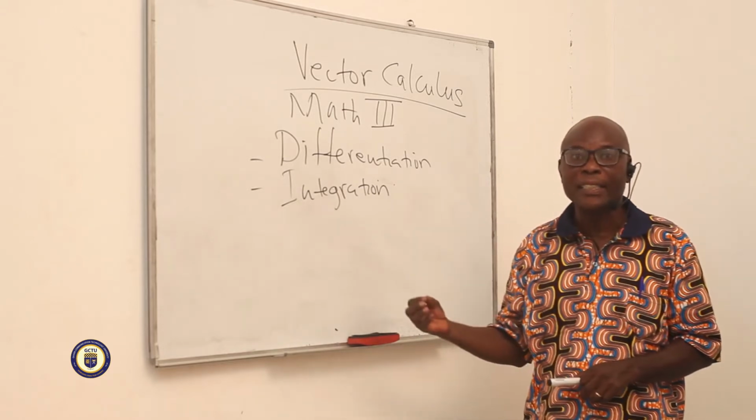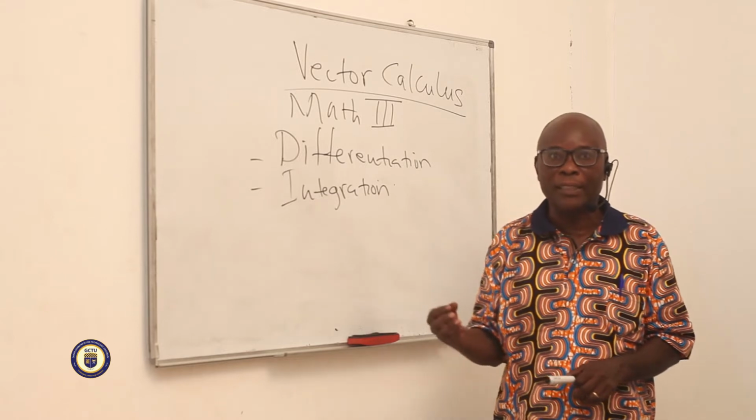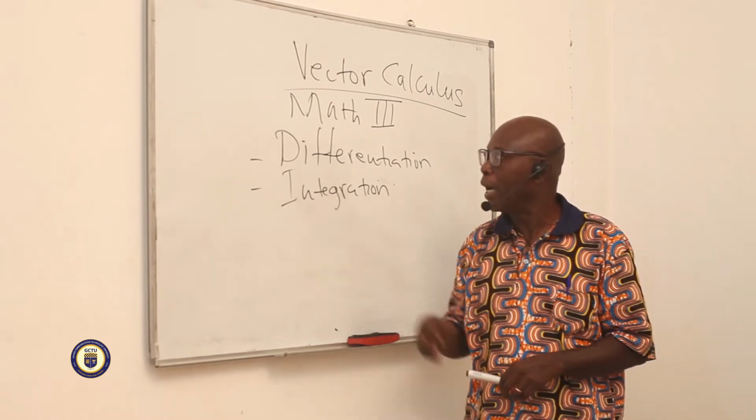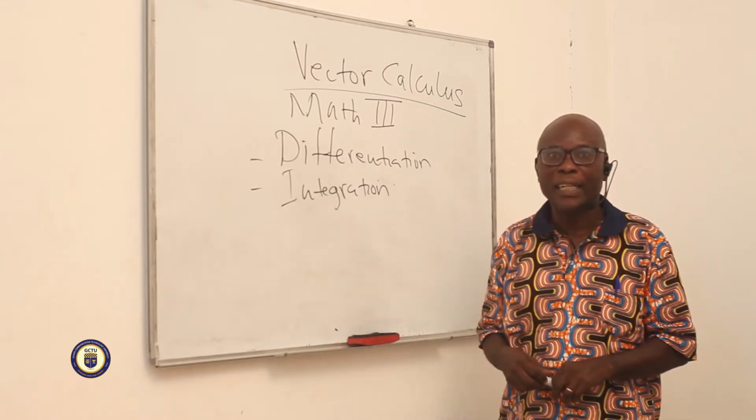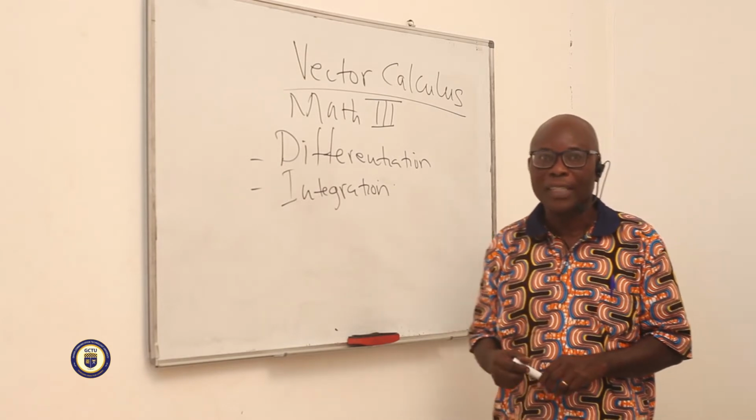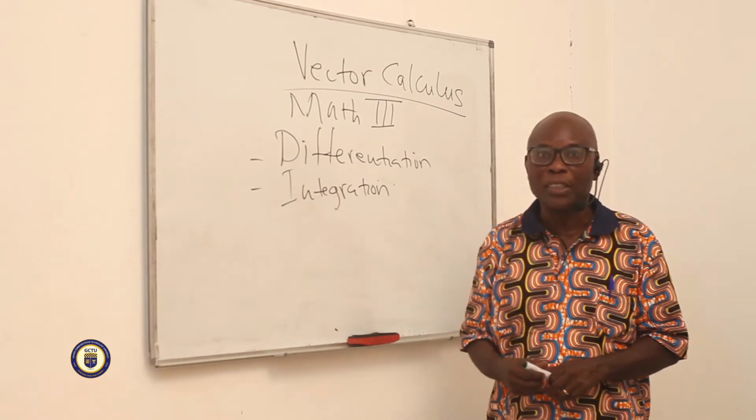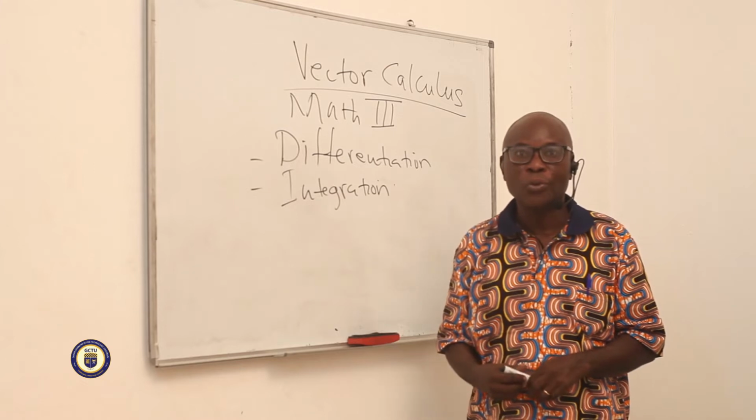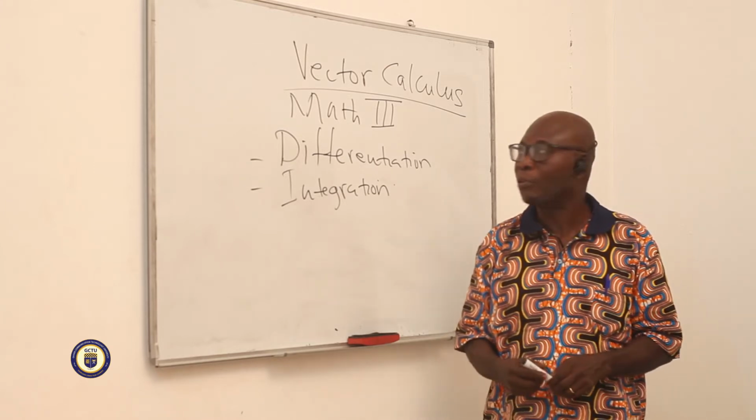In this case, we're going to look at vector functions. I still advise that you go through your notes, and if there are any issues that you want us to look at, we can actually look at them.